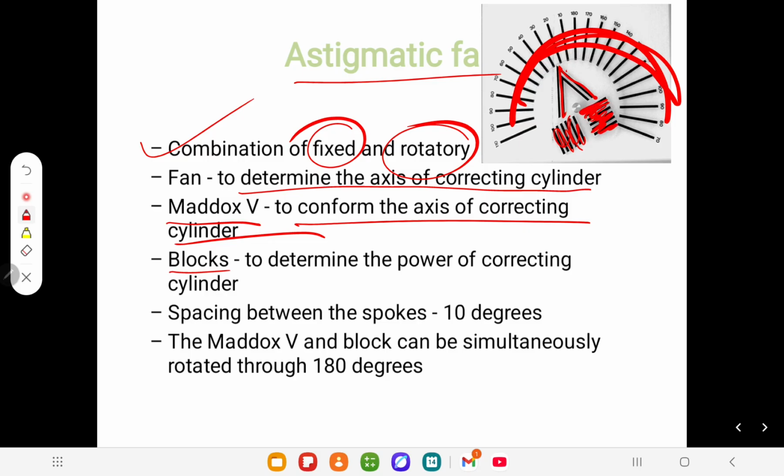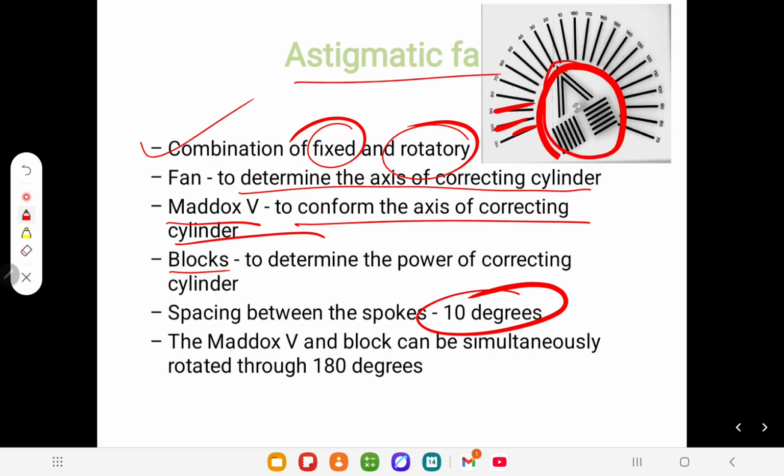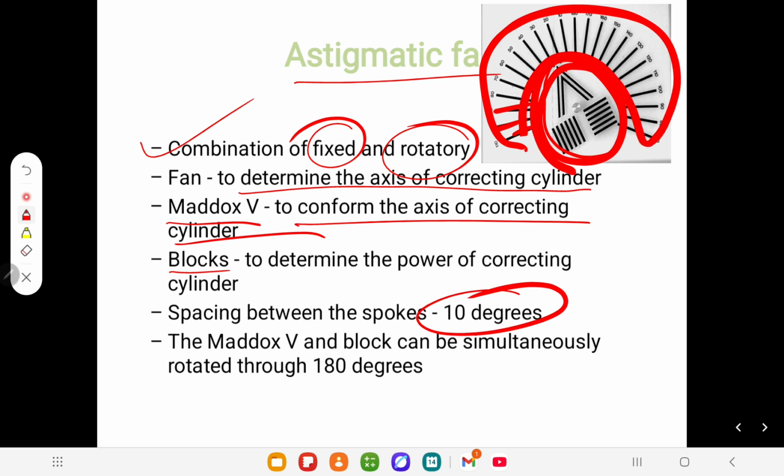See, all the points are quite important. The space between these spokes is 10 degrees, and the Maddox V and block can simultaneously rotate through 180 degrees. Means these three things can be rotated simultaneously, and these blocks are fixed.